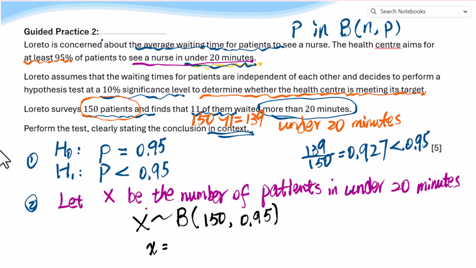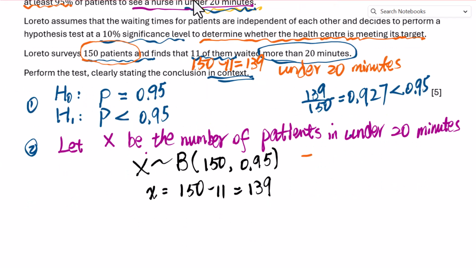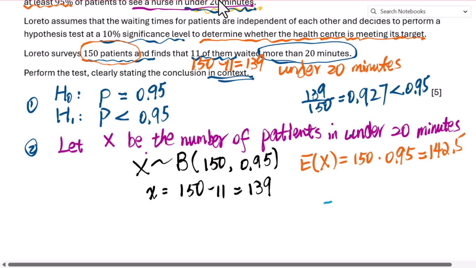X statistic equals 150 minus 11 equals 139. E of X equals 150 times 0.95 equals 142.5. Let's draw the diagram.